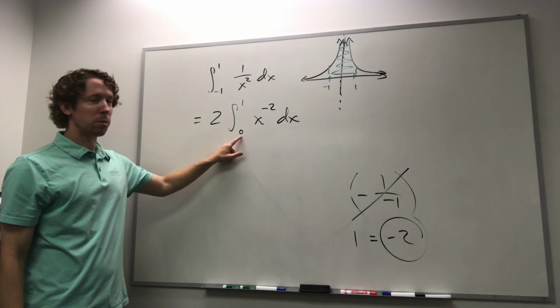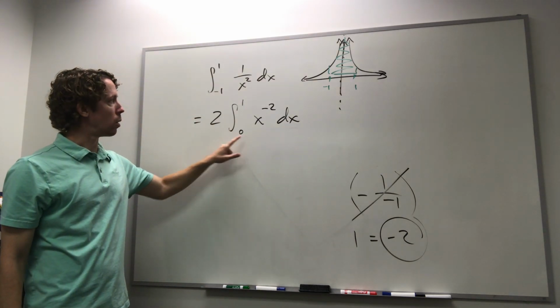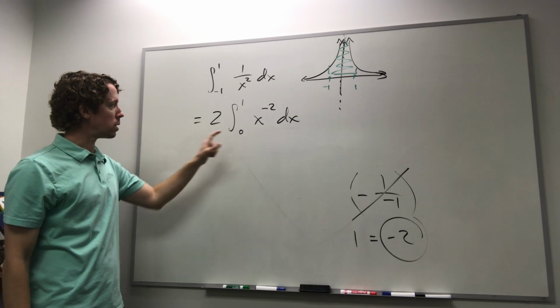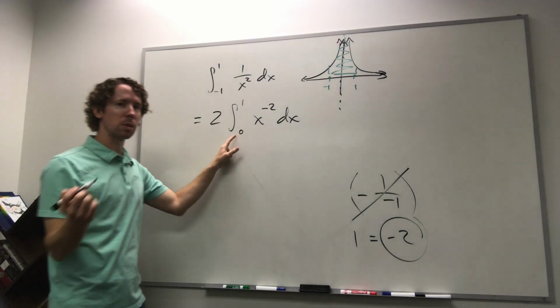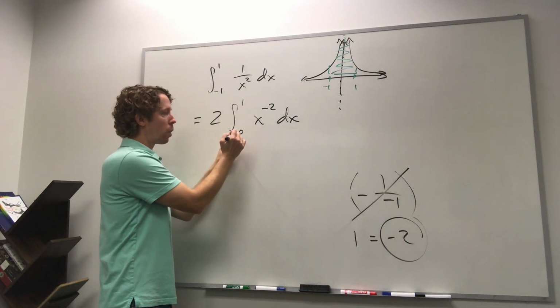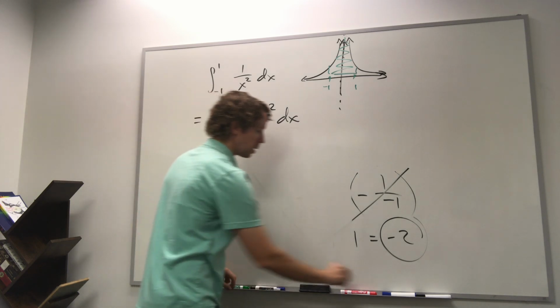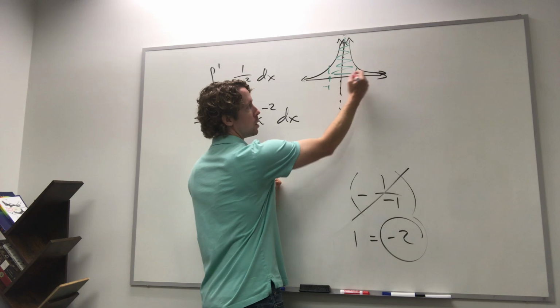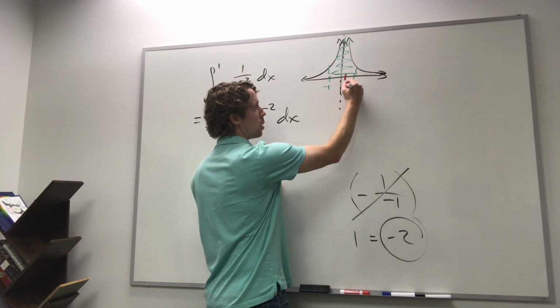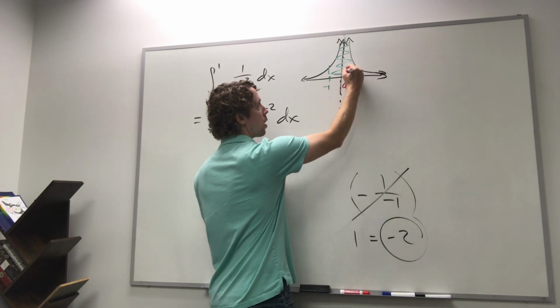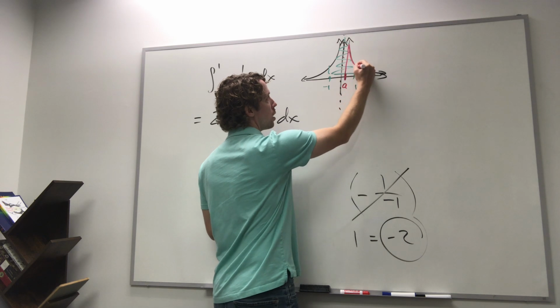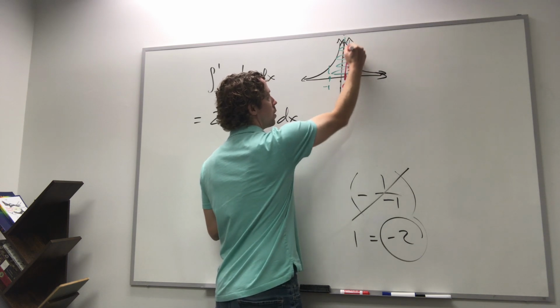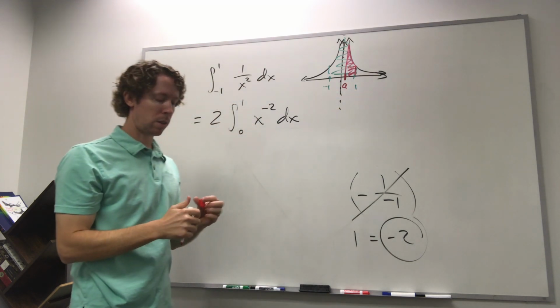But still, my function is not defined at 0. So instead of being able to just do something directly here, what I'm going to have to do is set up kind of a dummy variable between 0 and 1. So I'll put it here for now. And then I'll calculate the finite area from a to 1.